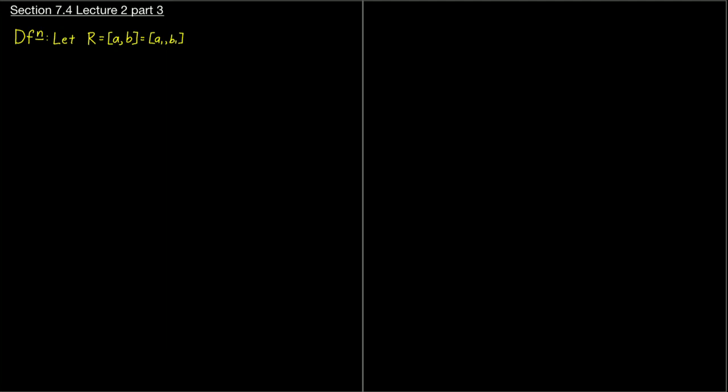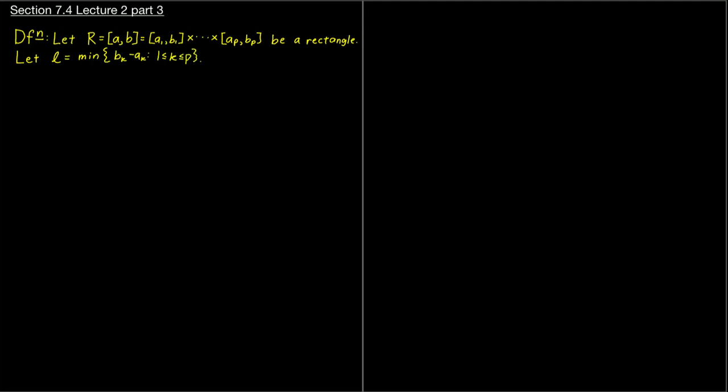That is, it's the Cartesian product of p different closed intervals. And let L be the length of the shortest side. That's the minimum of the b_k minus a_k, where k is between 1 and p.